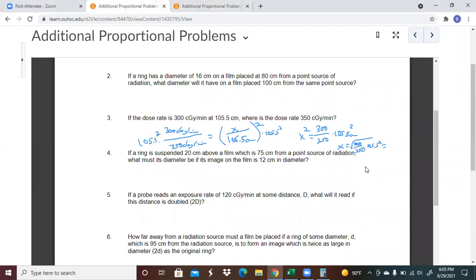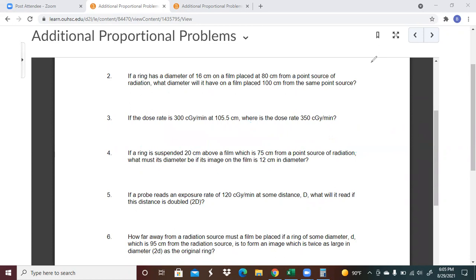And there we go. Or 97.7. And that'll be cm 97.7. Sorry for the abysmal writing there, but that's what that comes out to be.